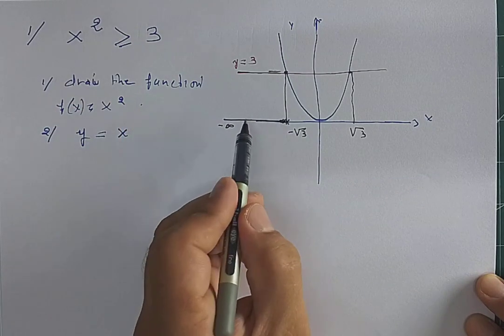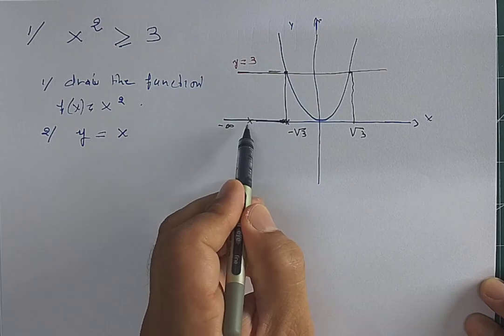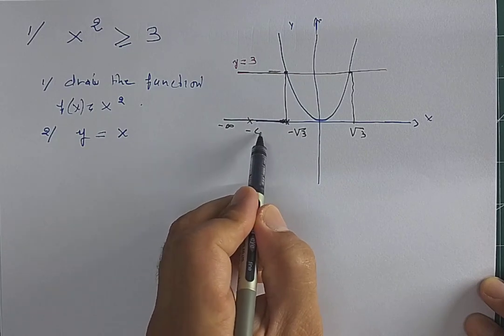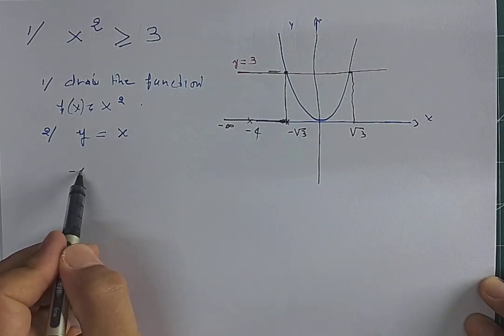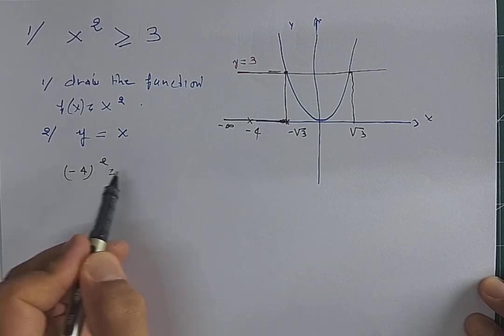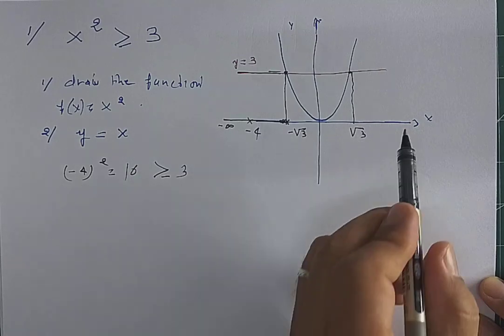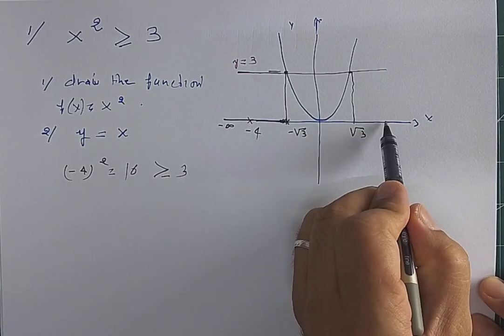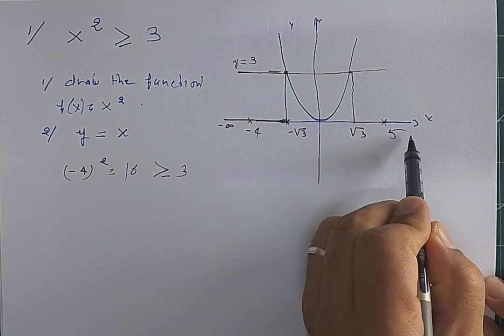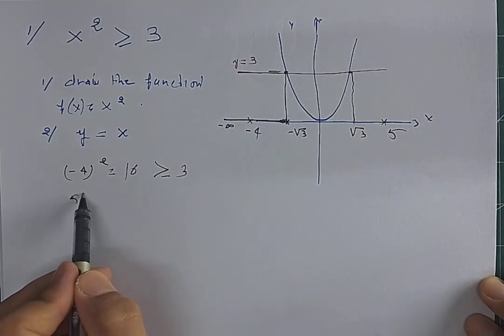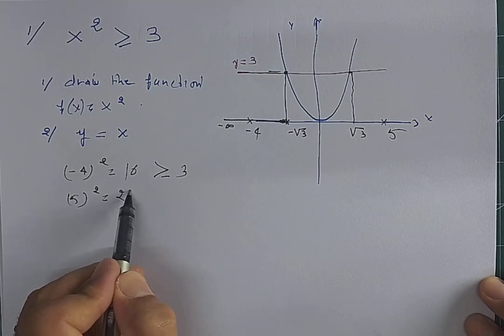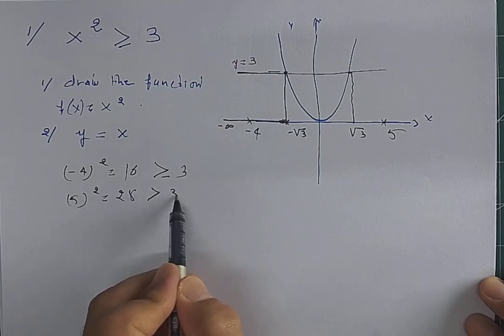For example, let's take minus 4 here. Minus 4 squared equals 16. 16 is more than 3. For the second part here, for example, we can take the number 5. 5 squared equals 25. 25 is more than 3.